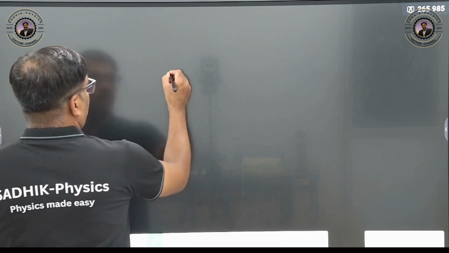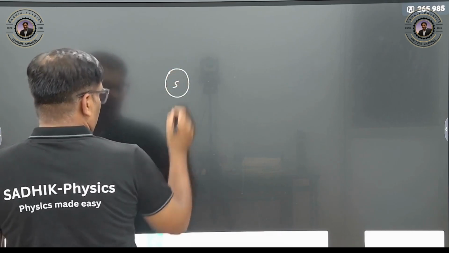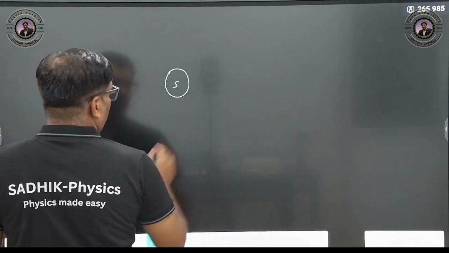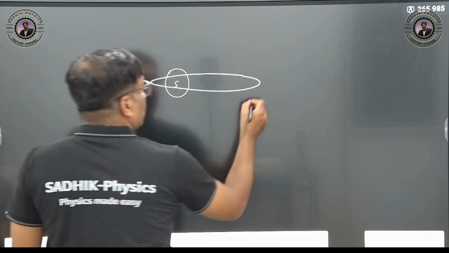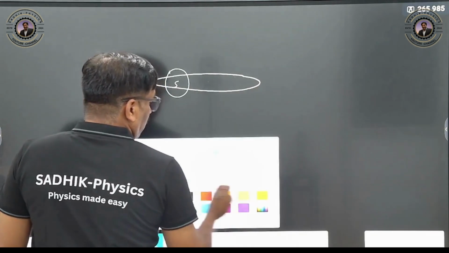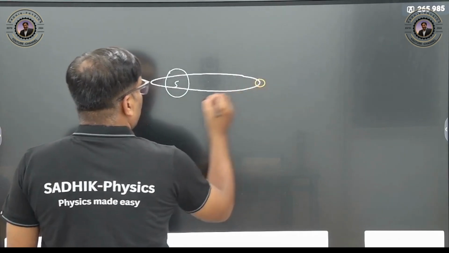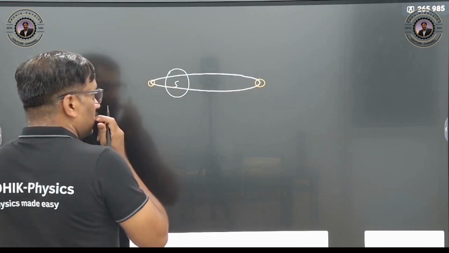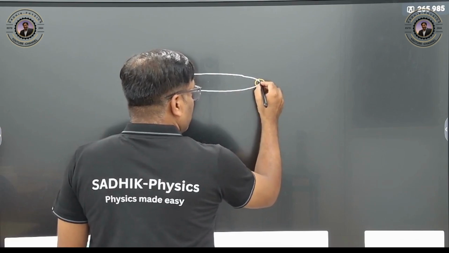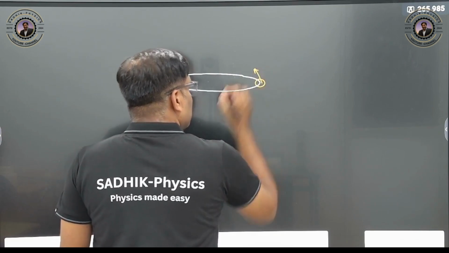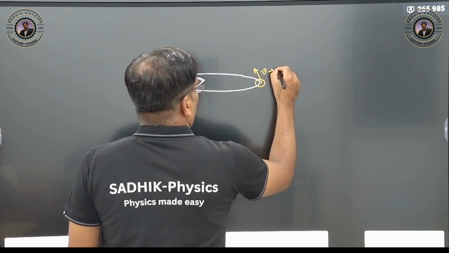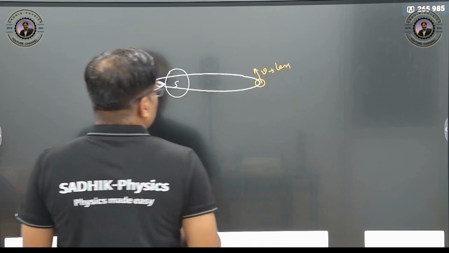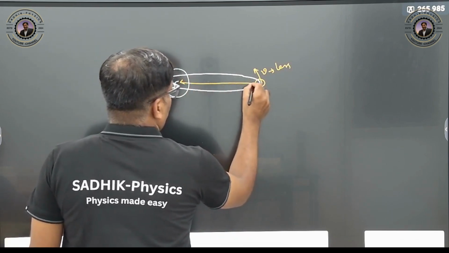This is our sun, and all the planets are revolving in elliptical orbits. When the planet is at this point, the speed will be very low, because the distance is more here.